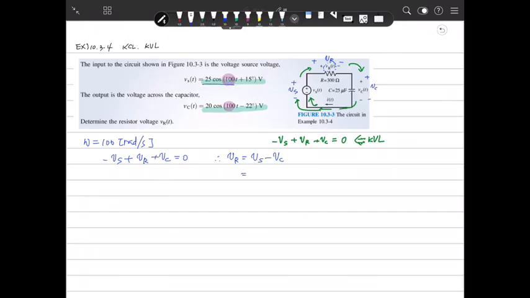Vs from the problem is 25 cosine(100t + 15 degrees), minus VC, which is 20 cosine(100t minus 22 degrees). There's the VR that we calculate here.